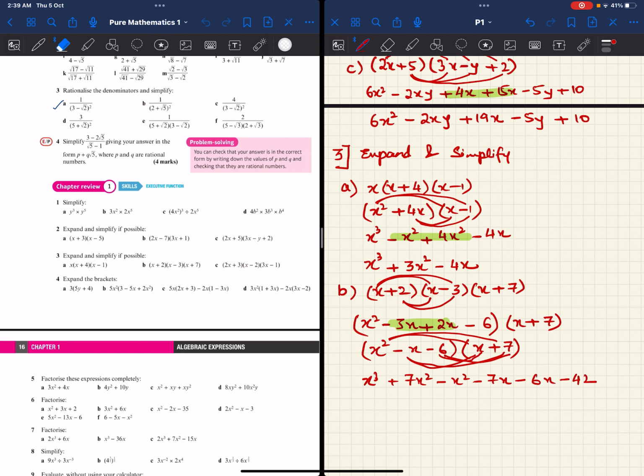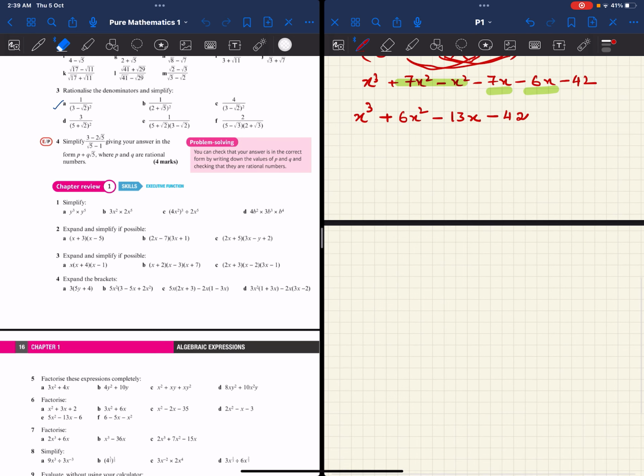We can see if we have like terms, 7x squared minus x squared, and we have minus 7x minus 6x. So x cubed plus 6x squared minus 13x minus 42. And that is the answer for B.